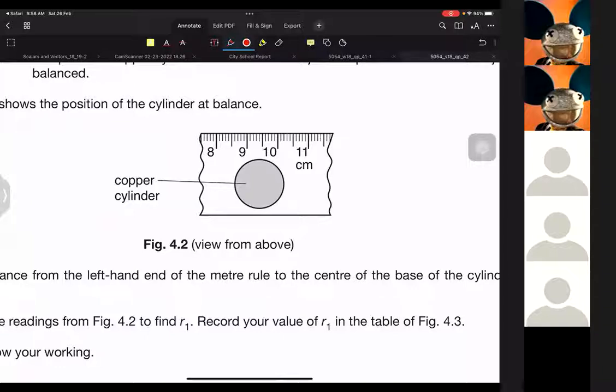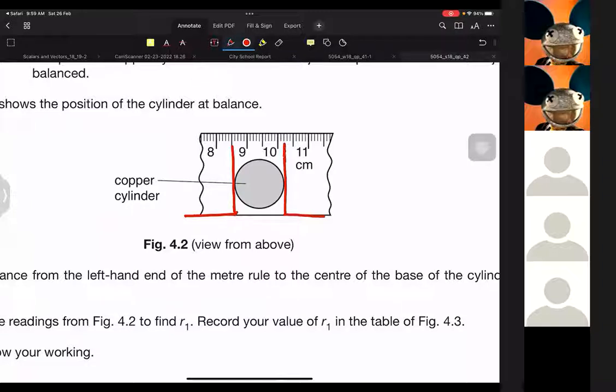Because if you place the set square just like this, against this, it will really help you get the right reading. And you can do the same for the other end. So you can actually place a set square like this, and then just try to get the right reading.